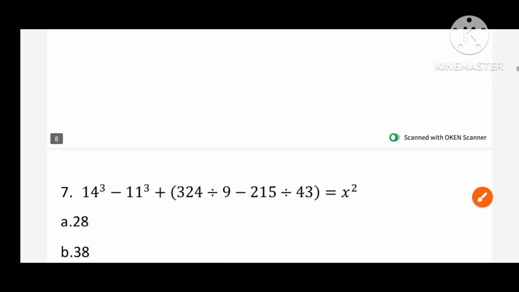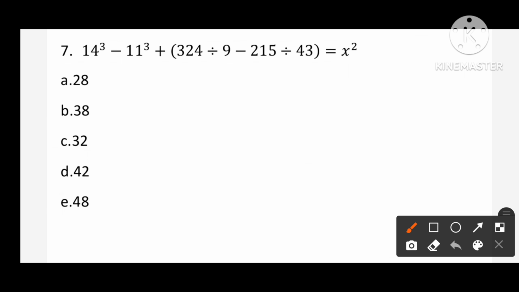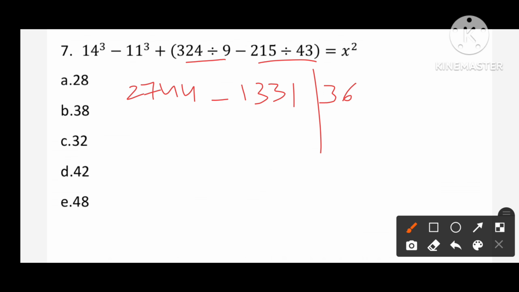Next, question number 7. 14 cube, 2744 minus 1331. This will be 9, 3 times 27, 54 means 6 times 36 minus 43 means 5 times.